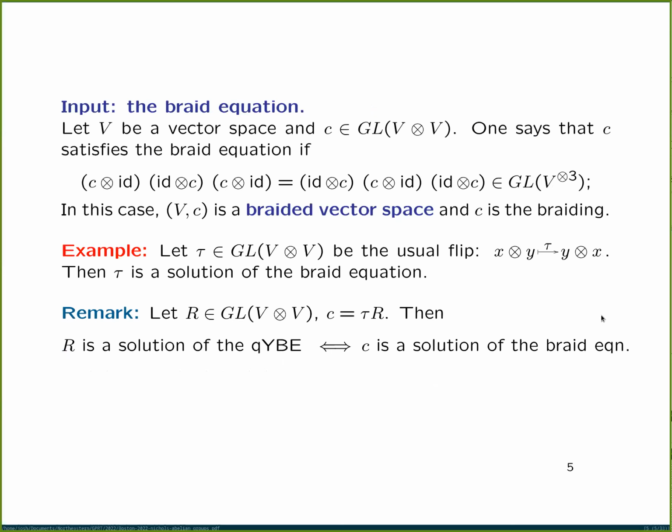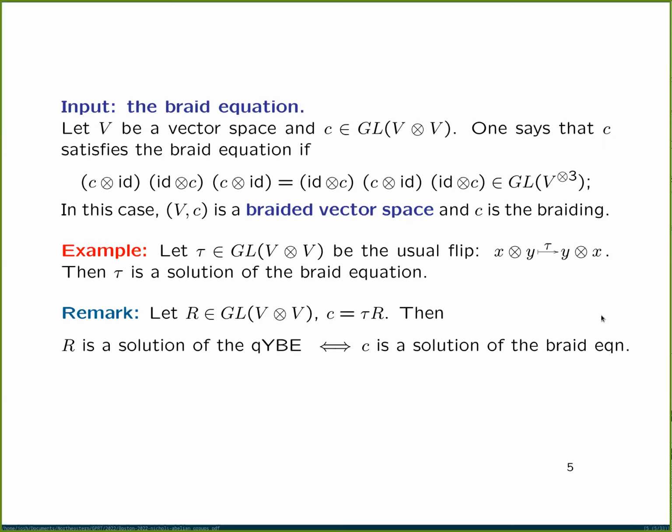So the braid equation is similar to the quantum Yang-Baxter equation. You have a vector space and an invertible linear transformation c of V tensor V. We say that c satisfies the braid equation if c tensor identity, identity tensor c, c tensor identity equals the same in a different order: identity tensor c, c tensor identity, identity tensor c, as linear automorphisms of V tensor 3.